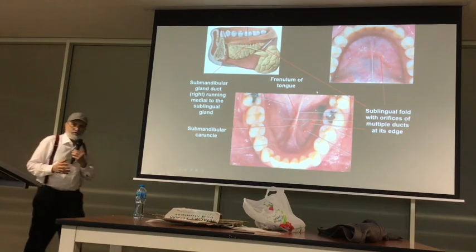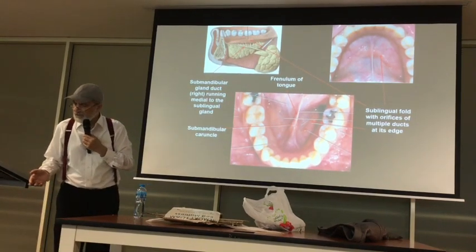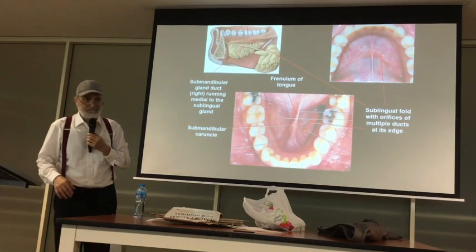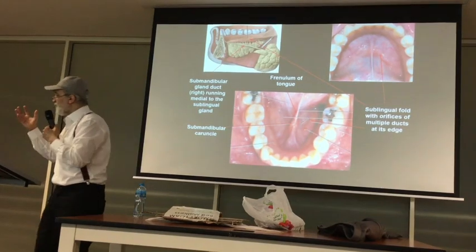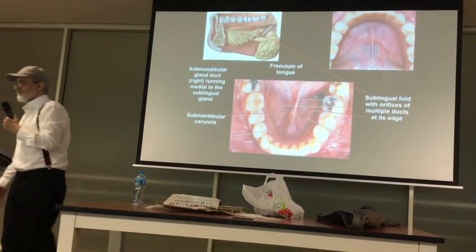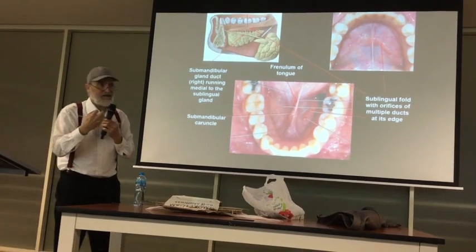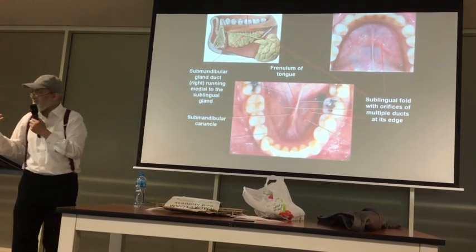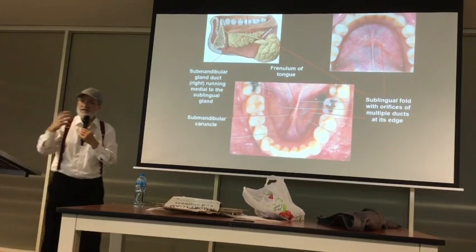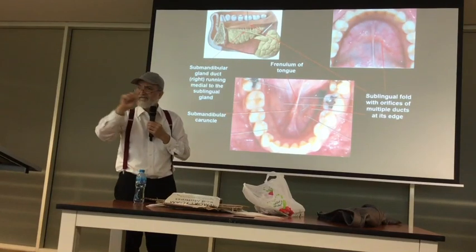When I come to the floor of the mouth, which is supplied by V2 or V3, mandibular. When I go to the floor of the mouth, it is occupied mainly by the tongue. And under the tongue, there is a very nice space called the submandibular space. The submandibular space is occupied by a very well-known fold.